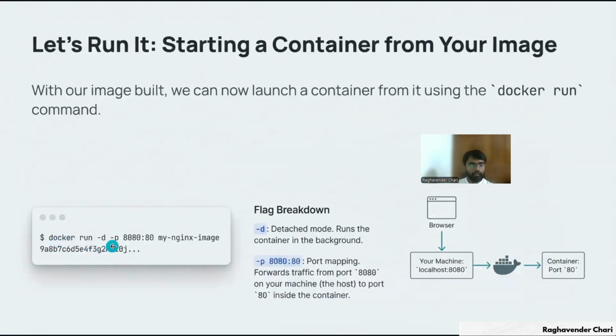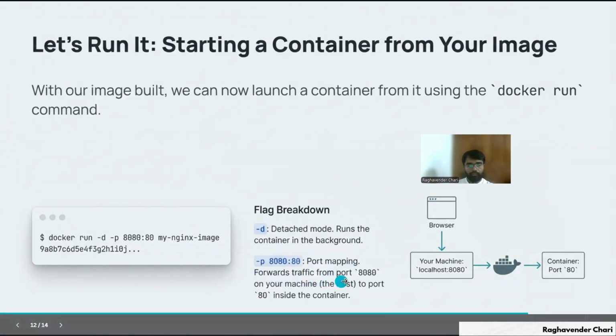Flag breakdown: detached mode runs the container in the background. Port mapping forwards traffic from 8080 on your machine to port 80 in the container. Here is a browser, here is your machine's localhost 8080, and the container port will be 80.